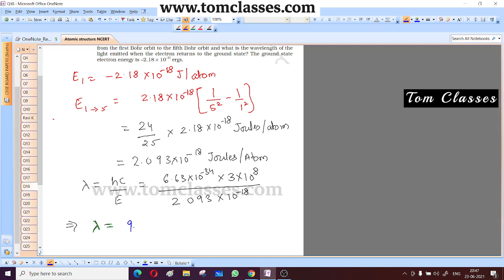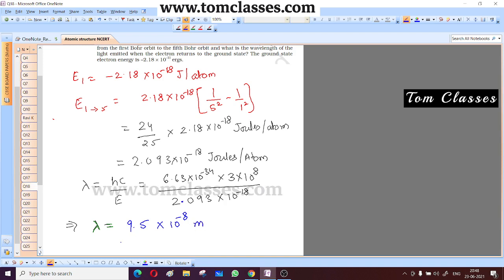So this is 9.5 multiplied with 10 to power 26 minus 8, that is in meter, right?